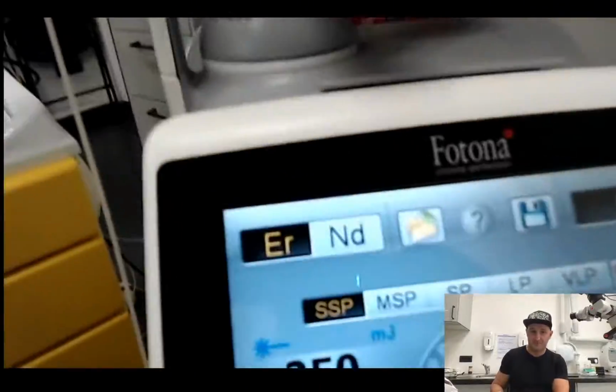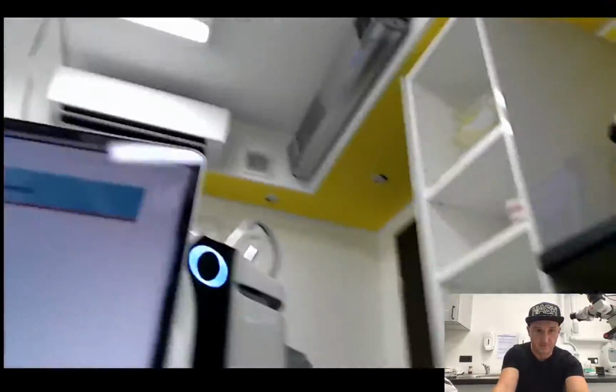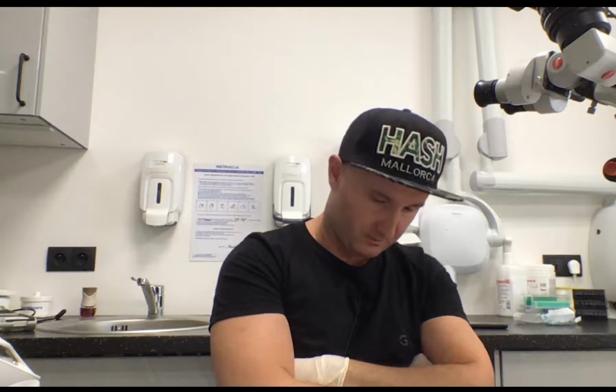As I told you in the previous episode, the YAG laser is absorbed in melanin or hemoglobin, so in pigments of our body. So the effectiveness of its work depends on how much of these pigments the patient has in their body, and you always have to adjust the parameters for the patient. In fact, the erbium YAG laser absorbs in water.